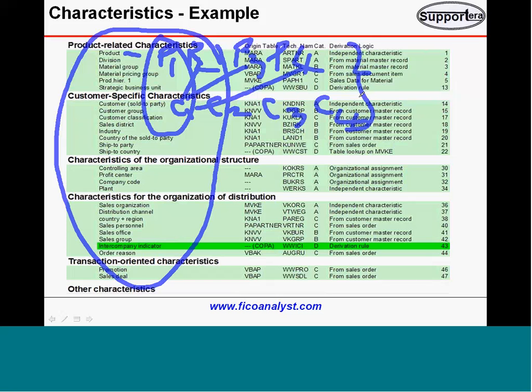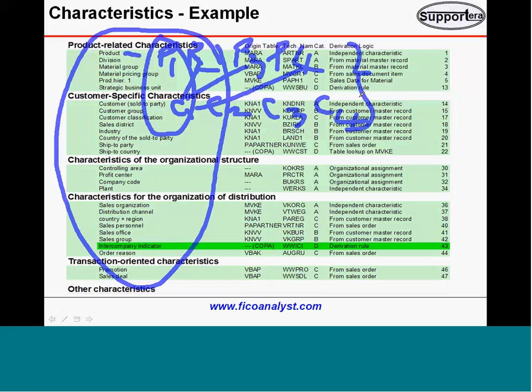Pretty much we try to understand what forms a segment. Now I think you understood what exactly a segment means. It can be formed by any combination of these characteristics.